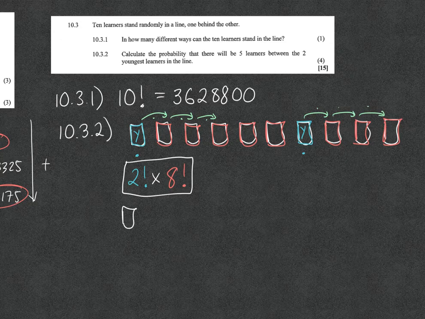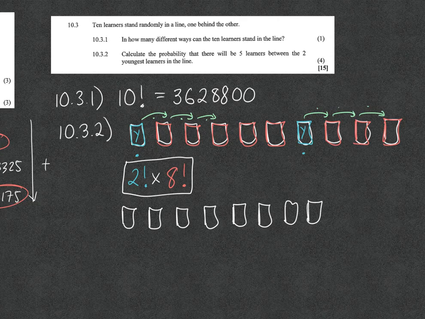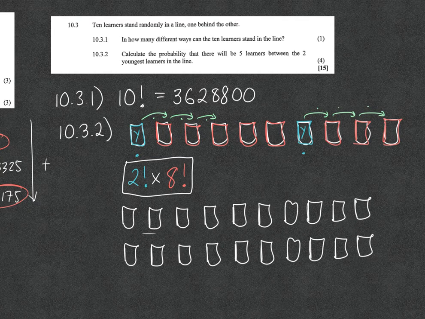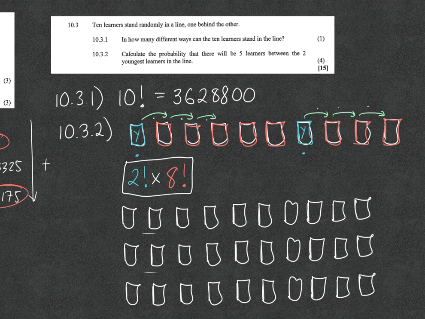So I'm going to draw another 10 in a row. 1, 2, 3, 4, 5, 6, 7, 8, 9, 10. And then I'm going to copy that another time, and another time, just so that you can see the different scenarios. Obviously this was scenario number 1.